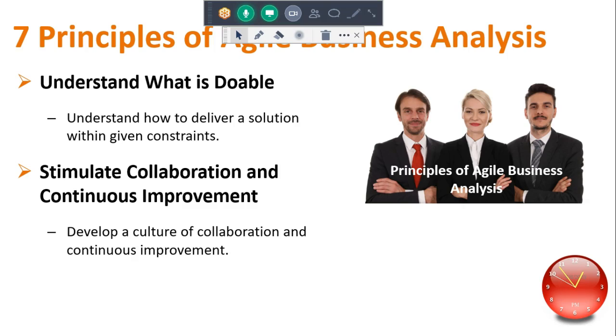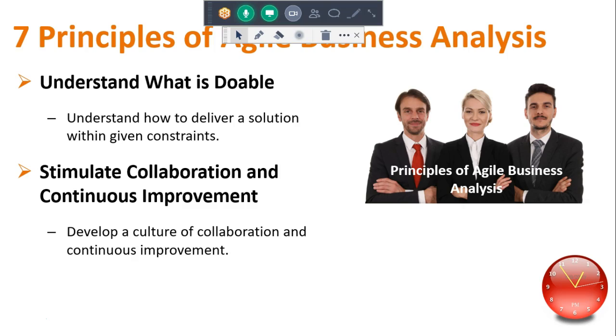We can't accomplish this. That applies up and down the spectrum from the organization level down to the individual project level. We have to understand what we can possibly do based on the resources that we have and the capabilities that those resources have. And we need to address those solutions.